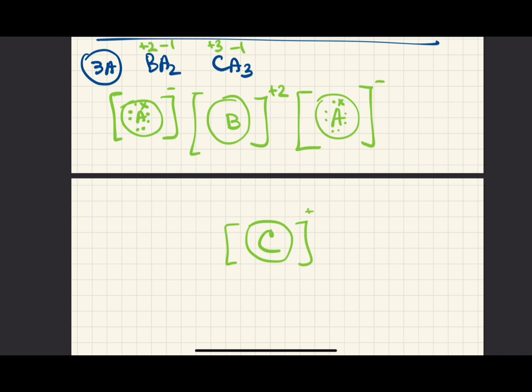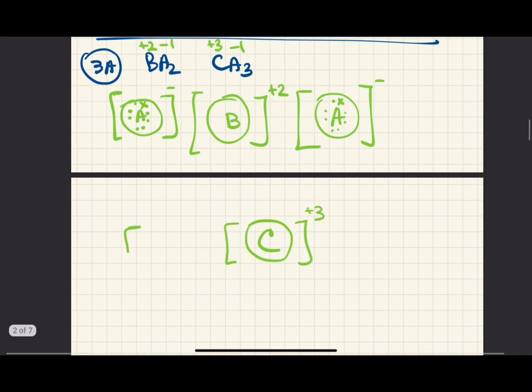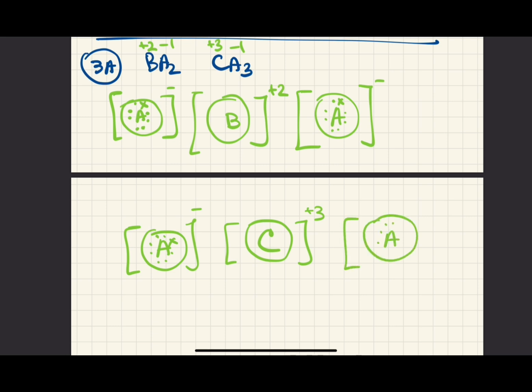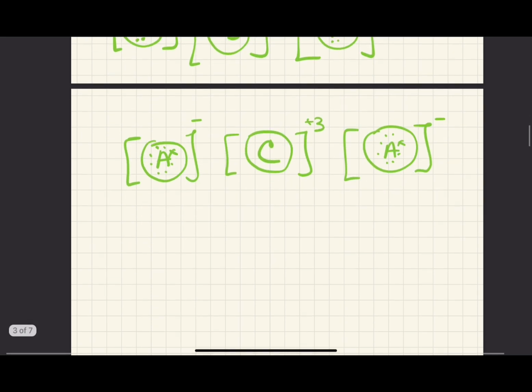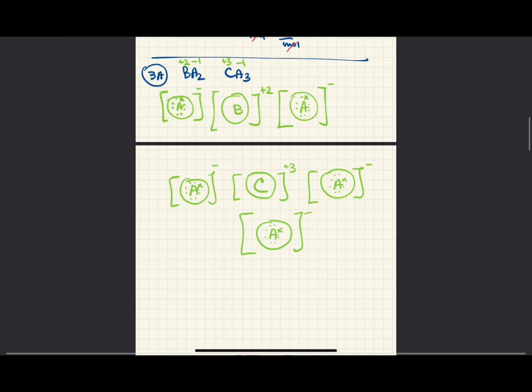So C lost all of the 3 electrons, and then for A we have here 1, 2, 3, 4, 5, 6, 7, and then 1 got from C, and then 1 more A, 1, 2, 3, 4, 5, 6, 7, and then we got 1 from C again, and then the last one we have in here A, 1, 2, 3, 4, 5, 6, 7, and 8, and then the octet is complete, and these are your structures. Now we draw them in brackets, trying to show that these are ionically bonded.